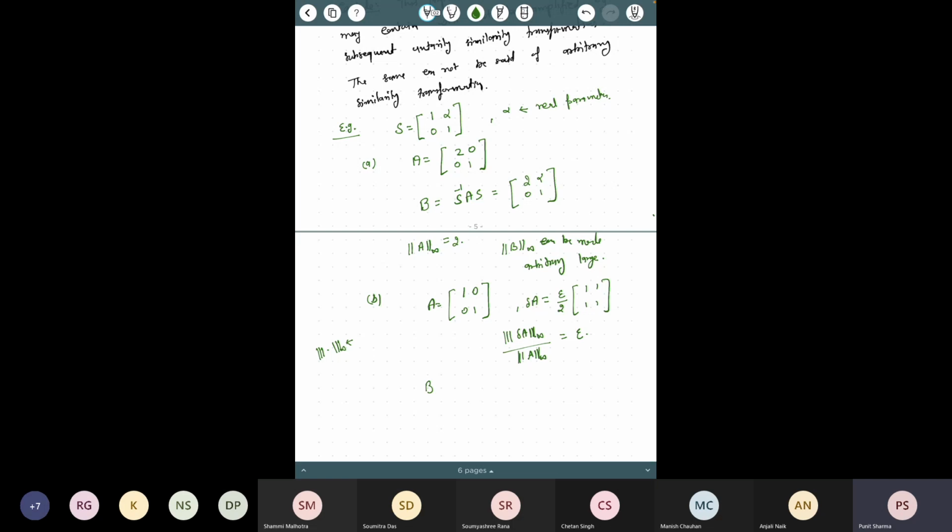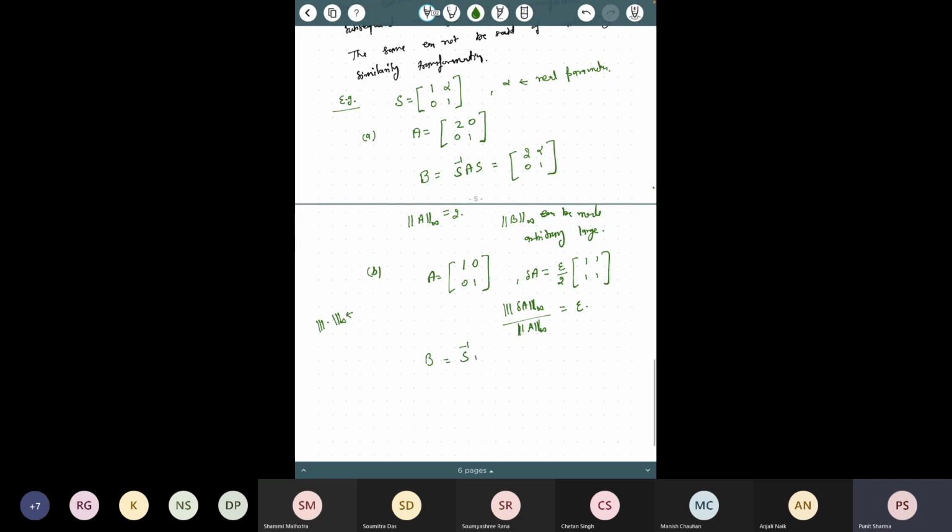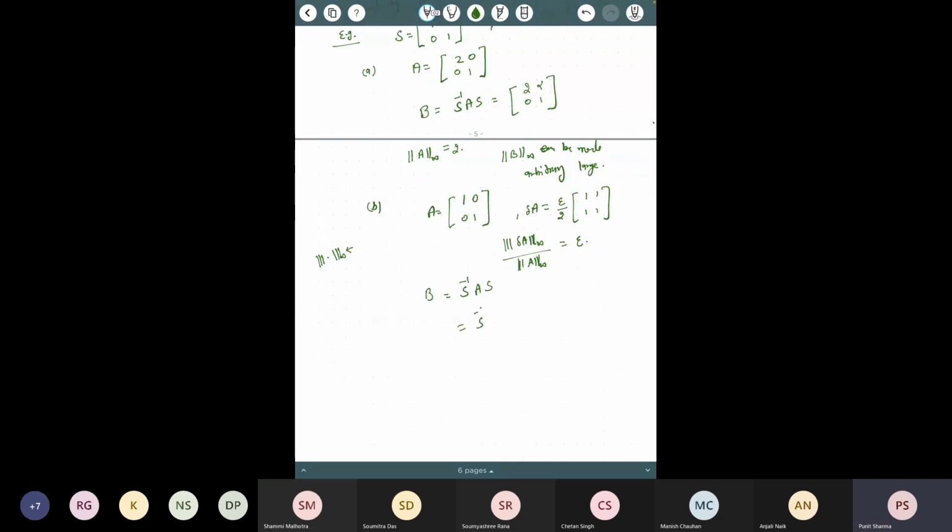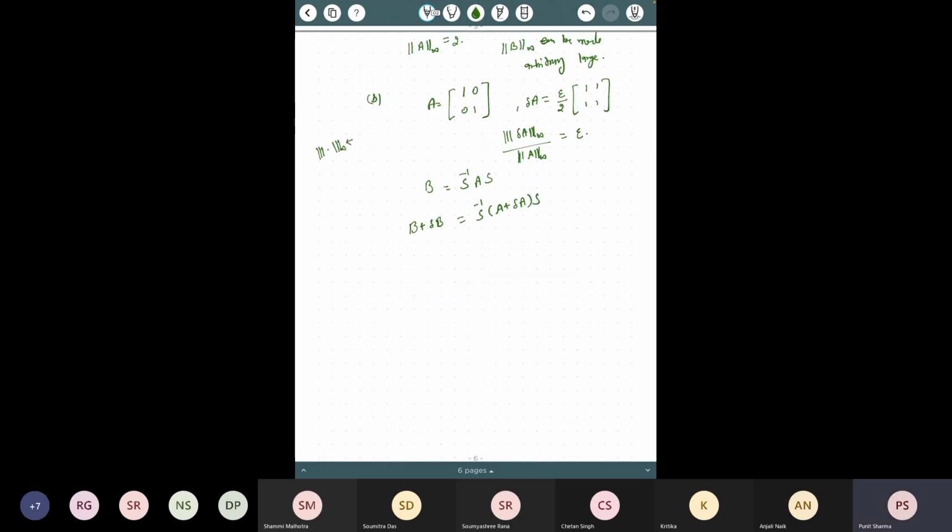Now, if you look at the matrix B, which is obtained by applying this similarity transformation, and you change the matrix A slightly, suppose that the change in B is denoted by delta B. So delta B equals S inverse delta A S. Now, if you look at this relative error, this depends on alpha again.